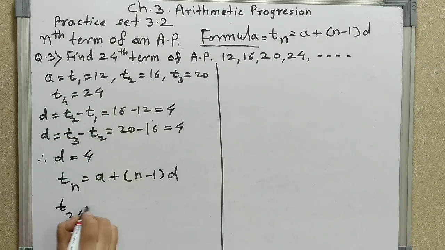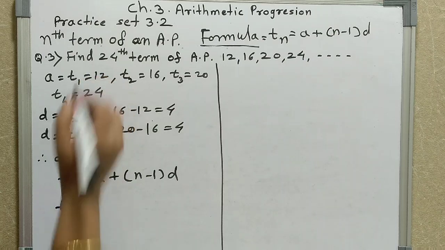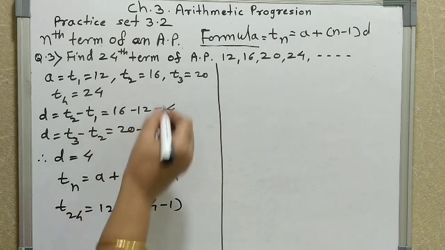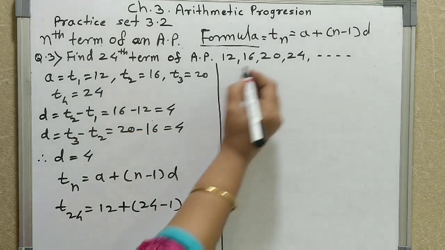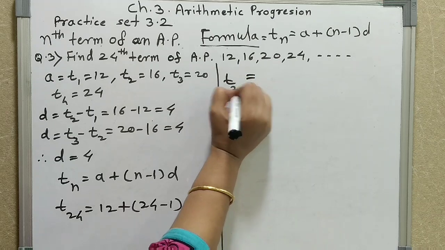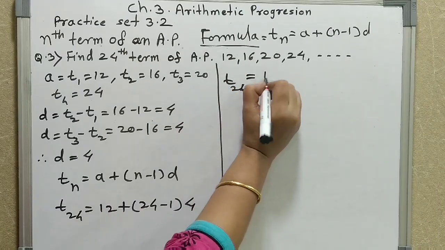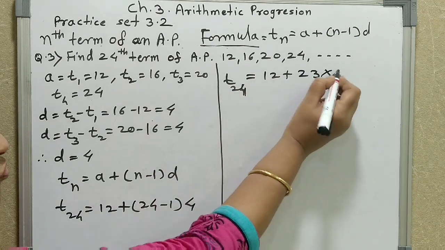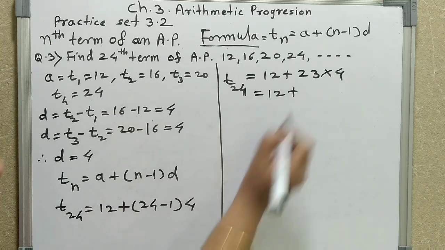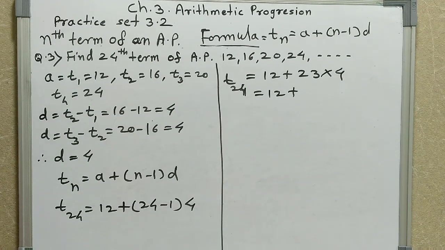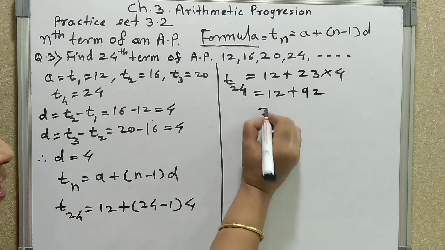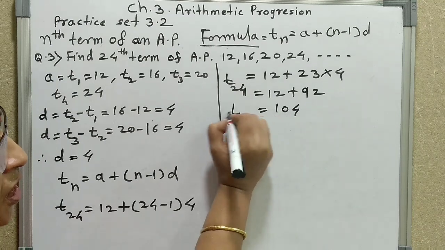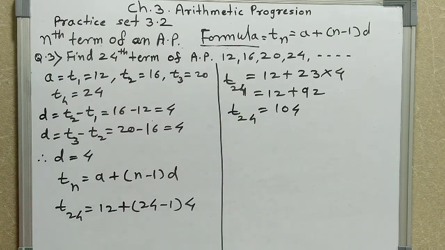So T24 is equal to the first term A, 12, plus 24 minus 1, times D, the common difference 4. So 12 plus 23 into 4. 23 into 4 is 92. Add this: 12 plus 92, 104. So T24 is equal to 104.